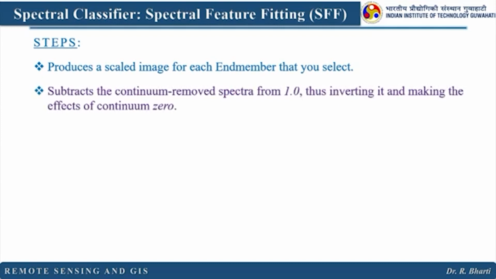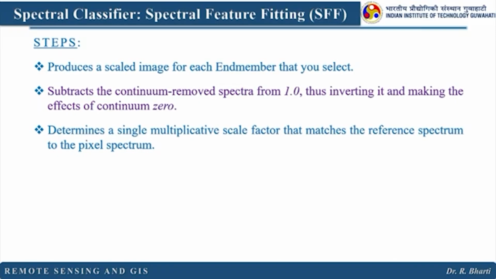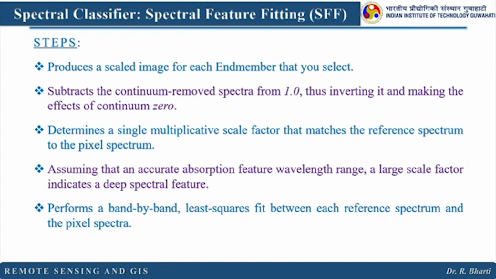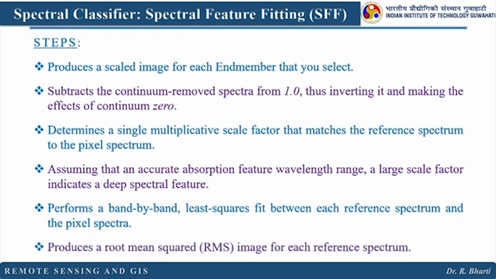So subtract the continuum removed spectra from 1, thus inverting it and making the effect of continuum 0. It determines a single multiplicative scale factor that matches this reference spectrum to the pixel spectrum, assuming an accurate absorption feature wavelength range. A large scale factor indicates a deep spectral feature, right? Performing a band by band least square fit between each reference spectrum and the pixel spectrum, it produces a root mean squared image for each reference spectrum, right?